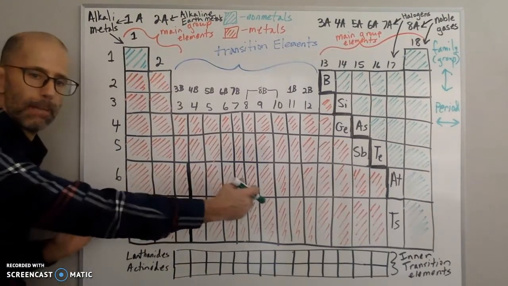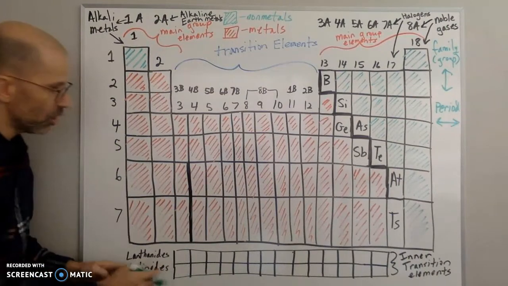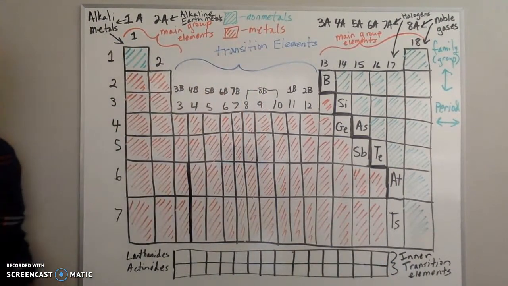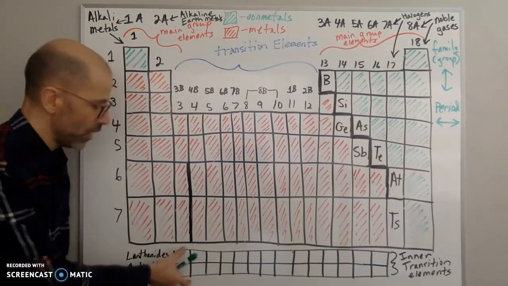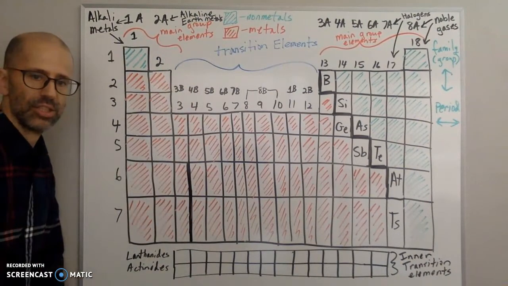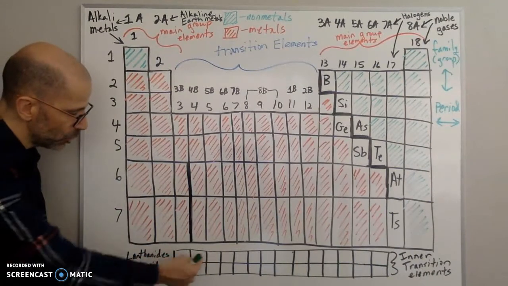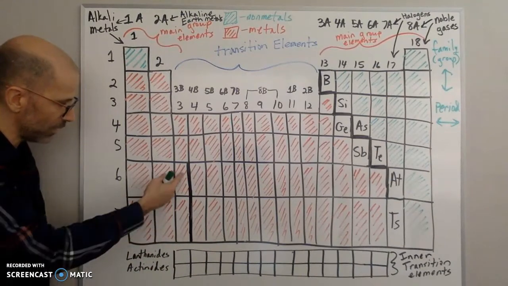So this breaks up and becomes wider. These are called your inner transition elements. And so inner transition because they go inside the transition elements. This particular row here is called your lanthanides because they follow lanthanum.